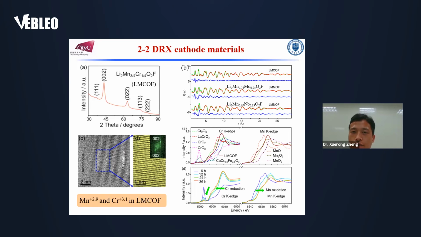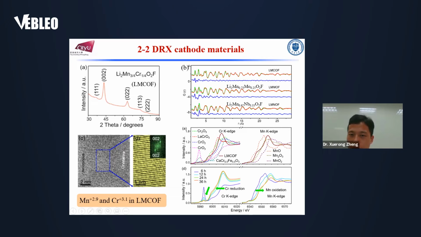We can find that in the long range, all of them are disordered, but in the short range, especially in the first two peaks, the disorder degree of LMCOF is much higher than the other two counterparts. It means that the LMCOF has a higher disorder degree in the short range.